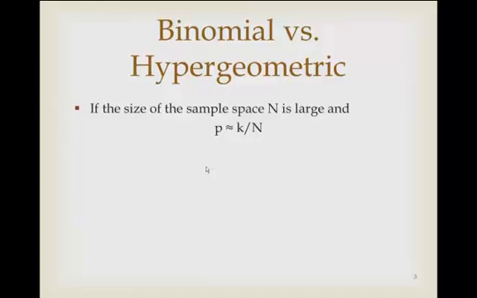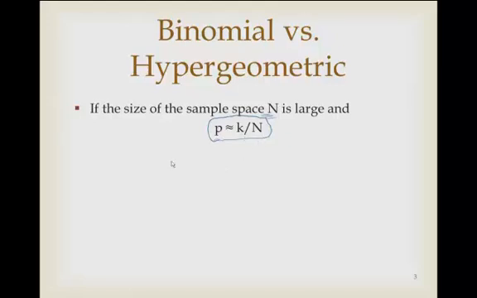So binomial versus hypergeometric, if the sample space n is very large, then the probability actually becomes rather similar to the ratio of k over n. So k would be like the number of daffodil bulbs, the maximum number that we have, over n.